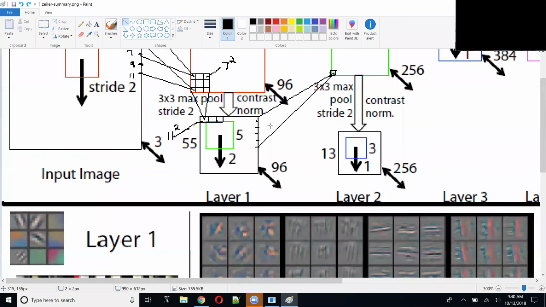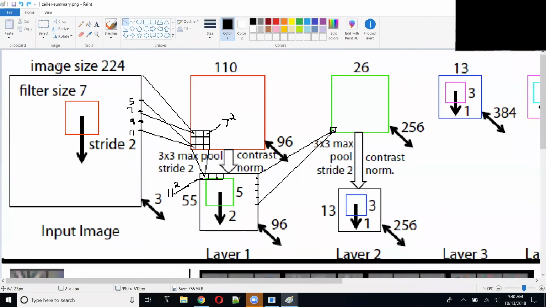Hopefully you can see my mouse moving around, but the original image is on the left. The first layer, this is the 110. That's the feature map size, and it's in this red square here. So this is layer 1 here, and in layer 1, I show the square of 9 activations here.